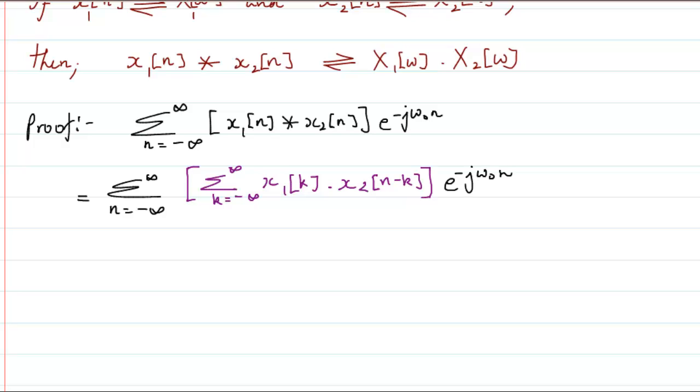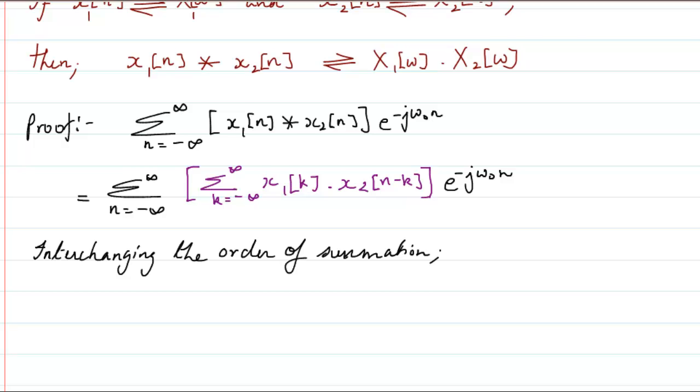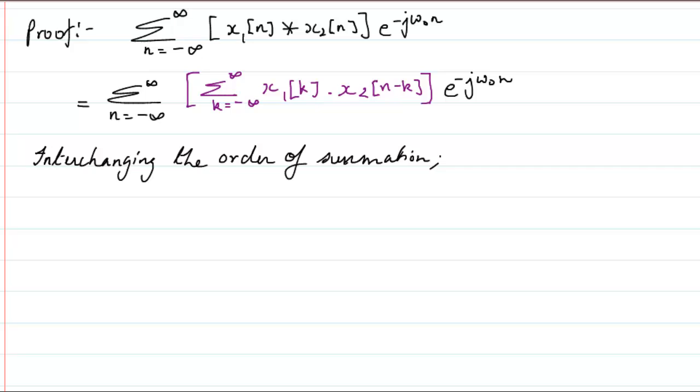Now we can interchange the order of summation. Interchanging the order of summation, we get, so what I'm going to do is I will take the k portion out. So k is equal to minus infinity to infinity x1 of k. So that has come outside. The remaining portion I will keep inside.